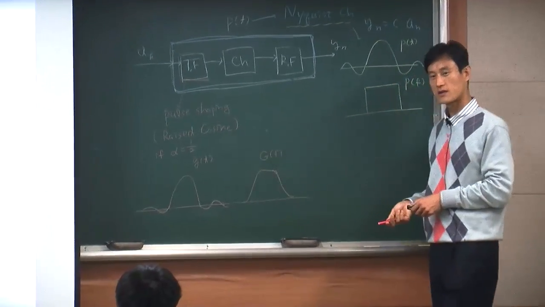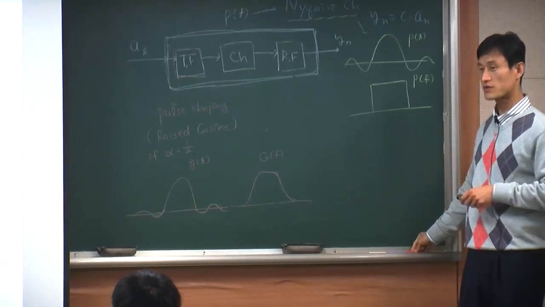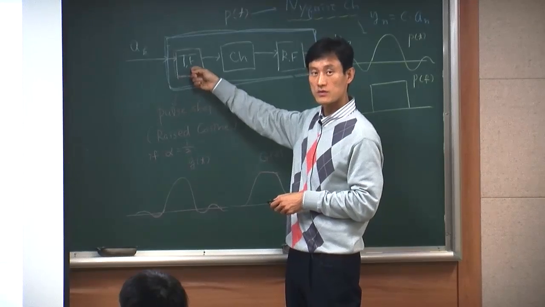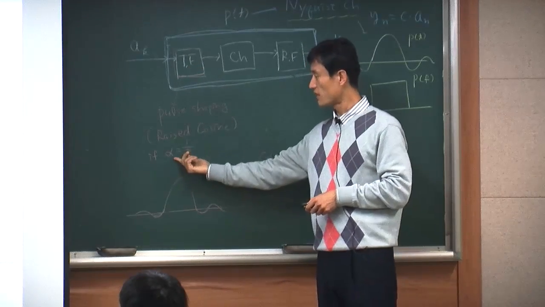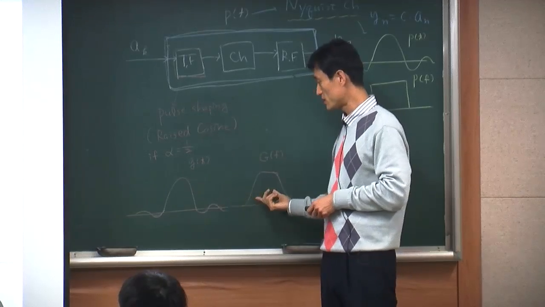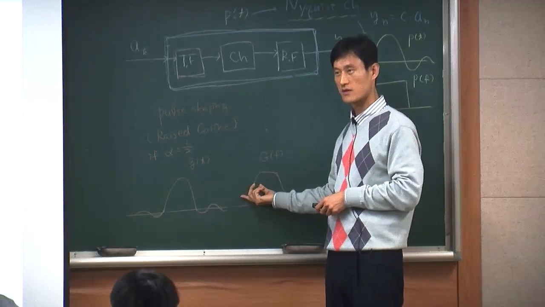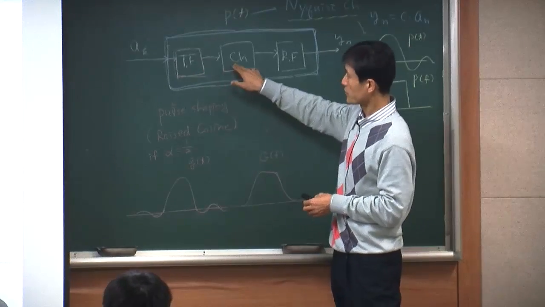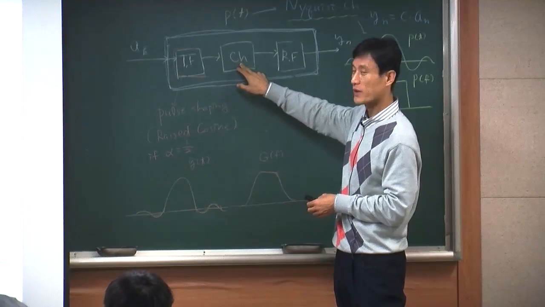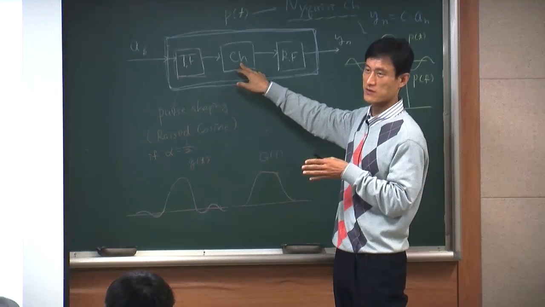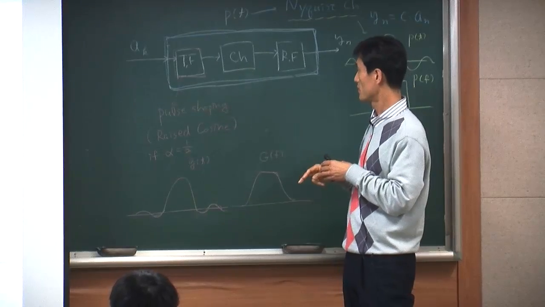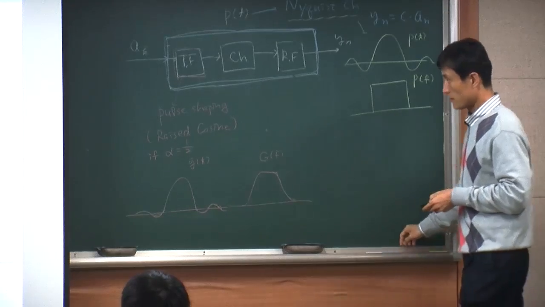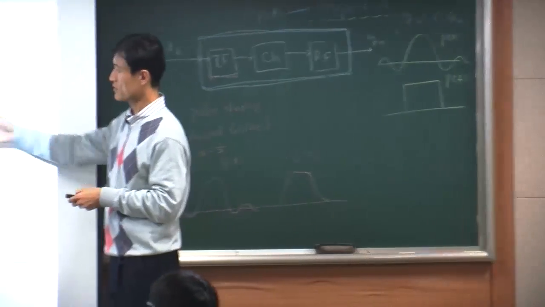So that's what you get for this transfer function of the pulse shaping filter: by choosing alpha equal to 1 over 2, you get this shape in time and frequency. And then you go through the channel. This channel always has inter-symbol interference. So that's what we do here in raised cosine.